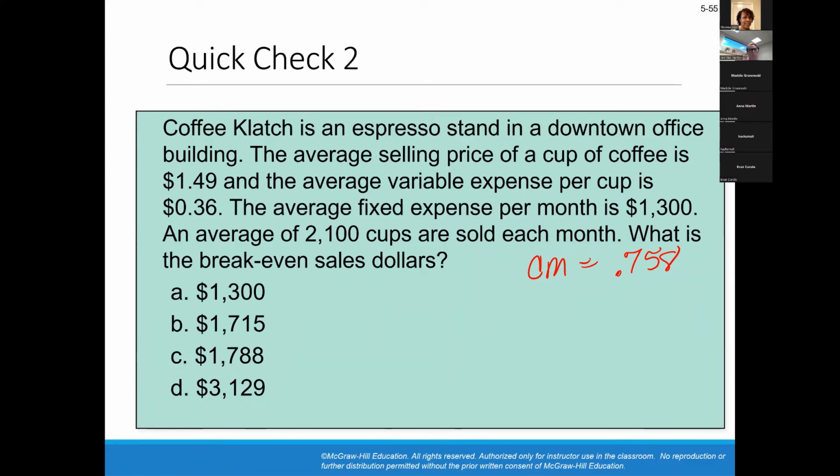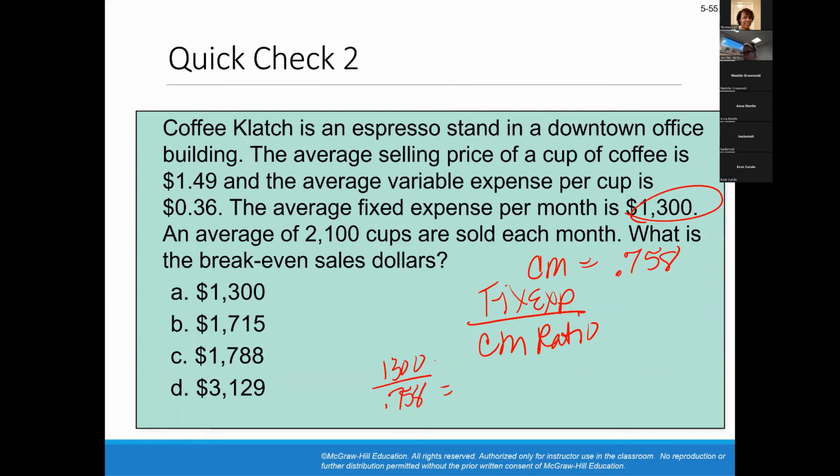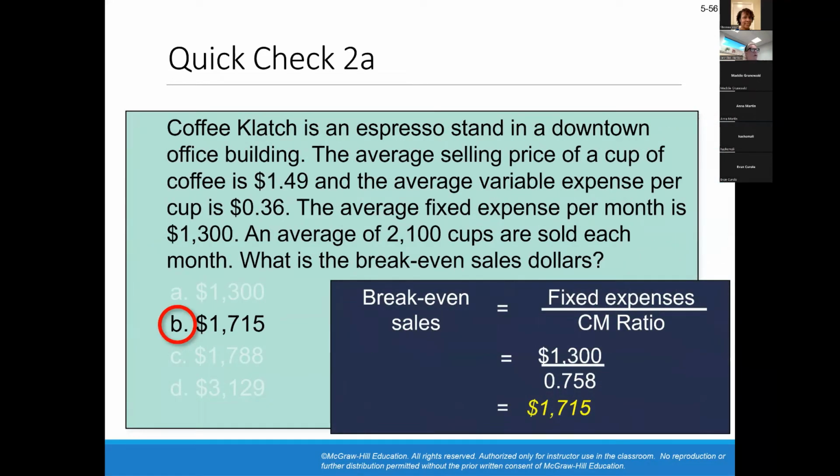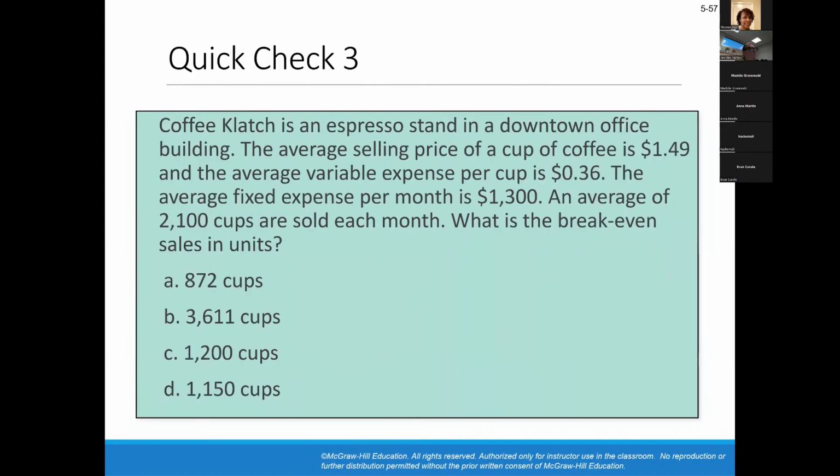Okay, so we're going to do fixed expense over that contribution margin ratio. And the fixed expense is given to us, 1,300 divided by 0.758, which is going to equal 1715, so B. Okay, and there's the slide that gives you how to solve it.